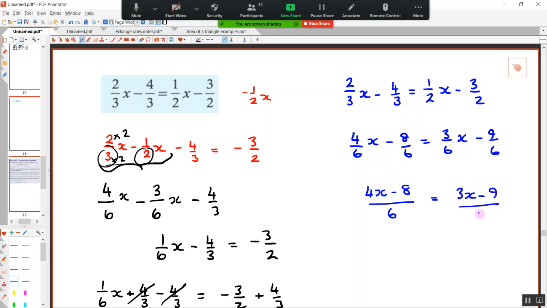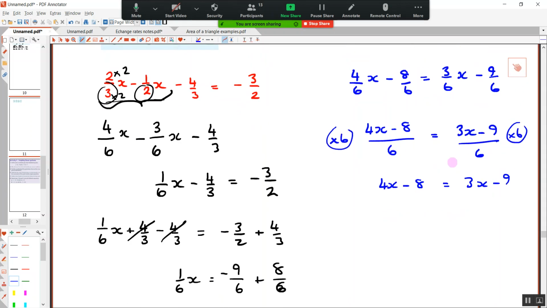Yeah, good. All right. Now I would do what Aidan did last, which is multiply both sides by 6, which gives me 4x subtract 8. Which gets rid of the 6's now.